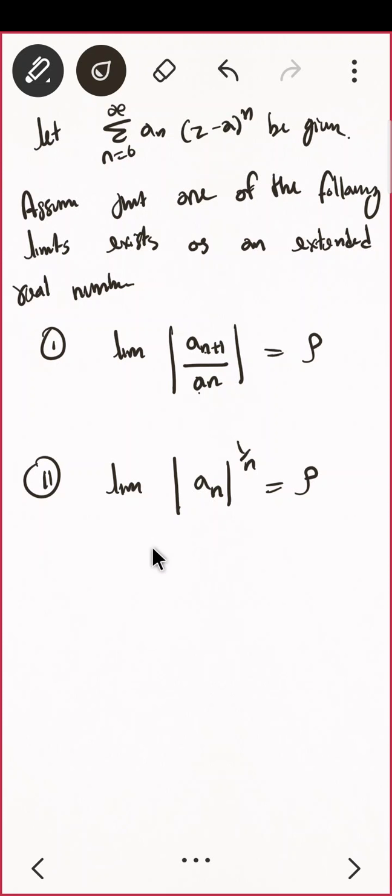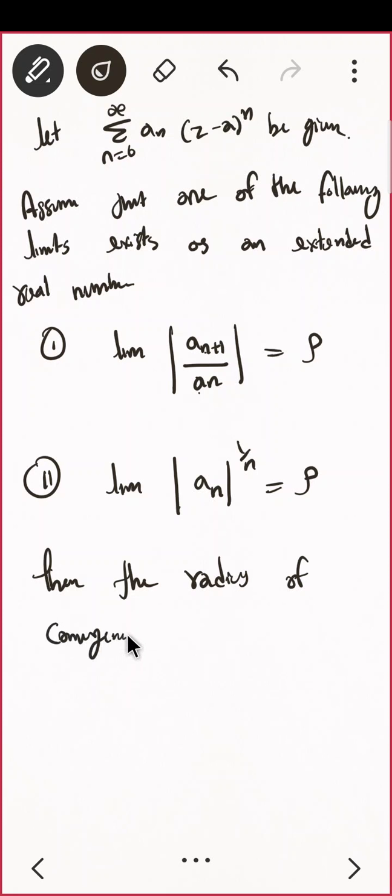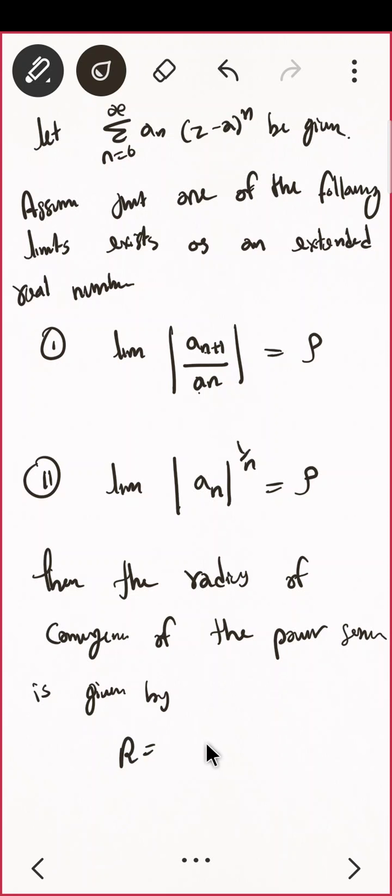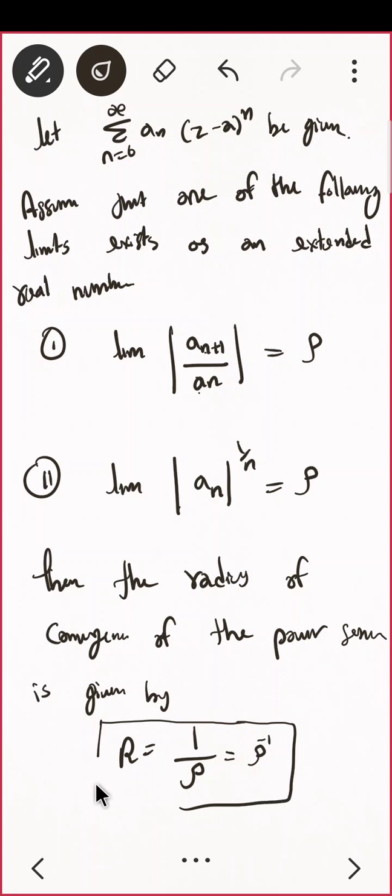But here, the radius of convergence of the power series is given by r equal to 1 by rho. So this is your formula, that is rho inverse. Okay, as easy as that.